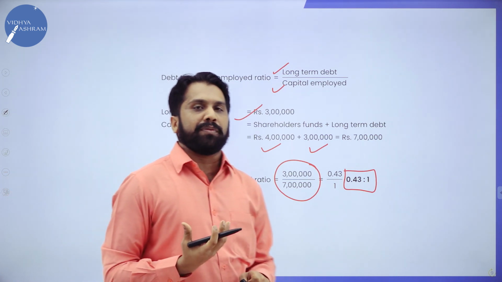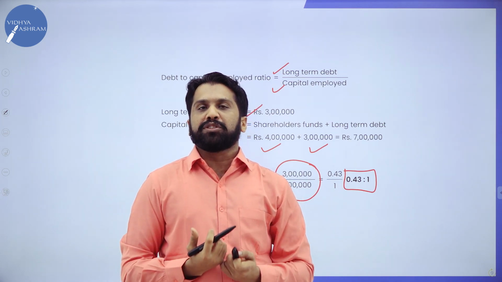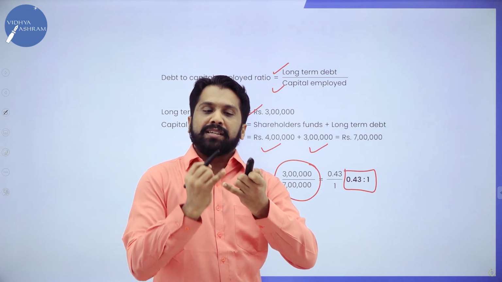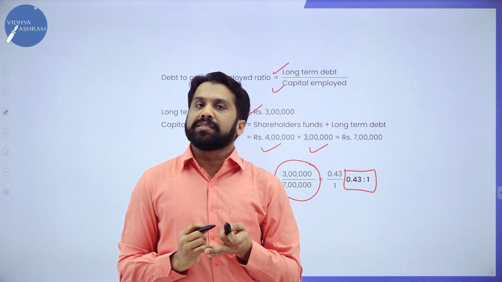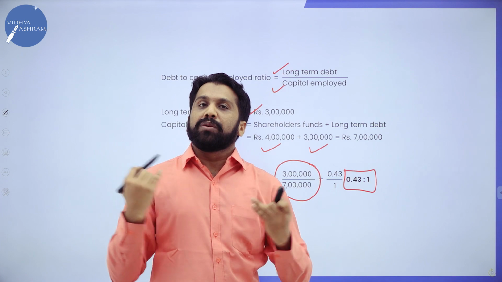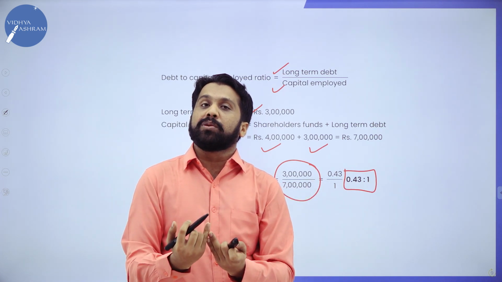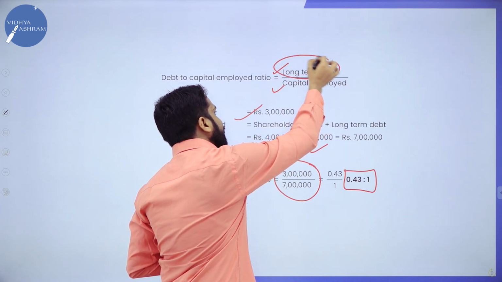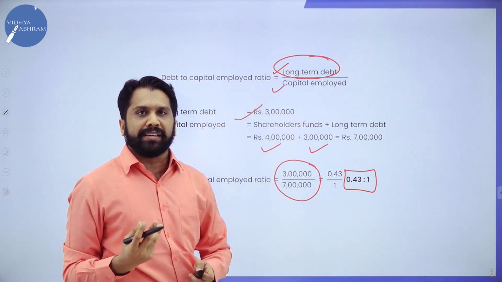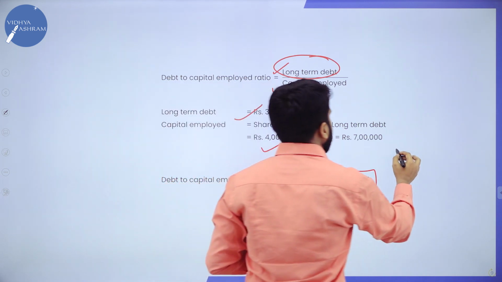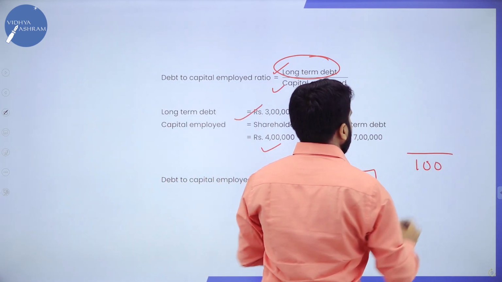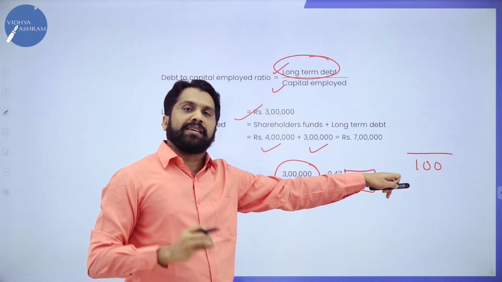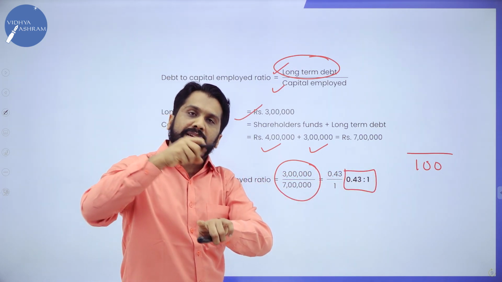What is capital employed? Your overall investments, your overall owner's fund as well as what you have taken from outsiders. Whatever you have invested, what is the total capital plus loan? Out of that, how much is your outsiders' fund? I'll give you a simple example. Your total investment is 100. In this 100, including outsiders' investment, including the loan taken, there is also.